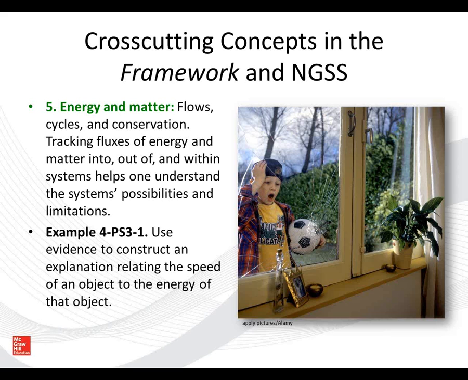This particular example is really related mostly to energy. So students are able to use evidence to construct an explanation relating the speed of an object to the energy of that object. But energy generally interacts with matter. And so that's why they're paired.